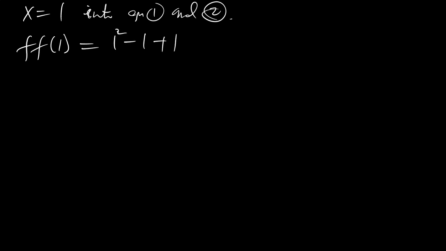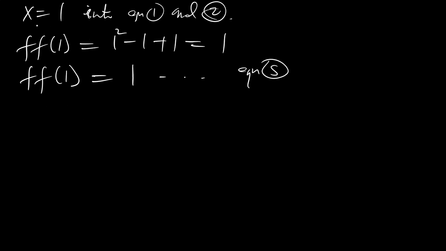But 1 squared is 1, and 1 minus 1 plus 1 is 1. So we now have f of 1 equal to 1. This is equation 5.